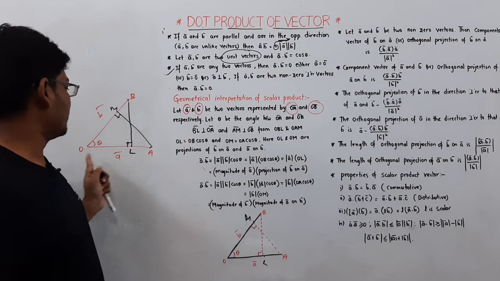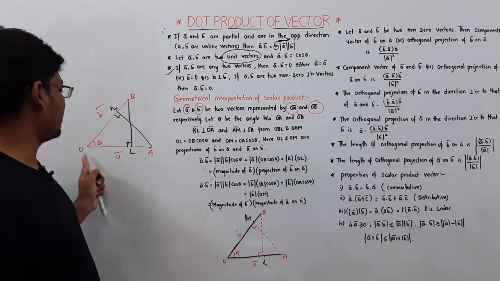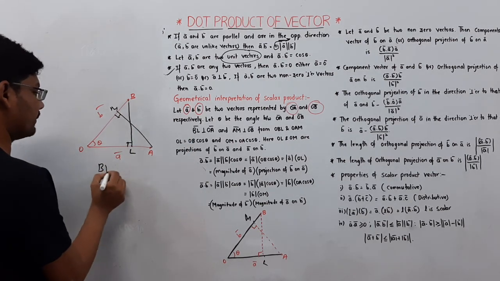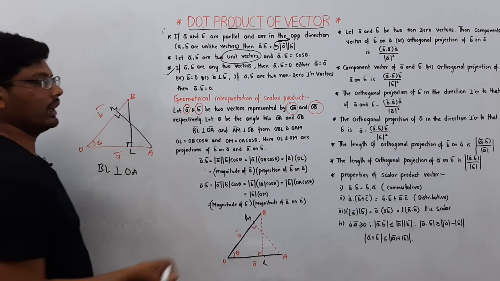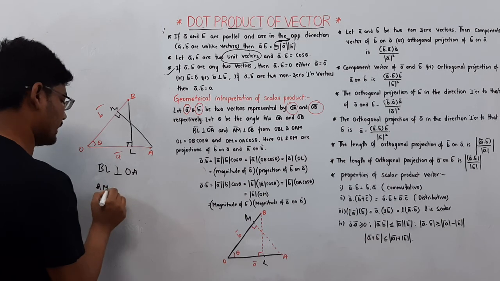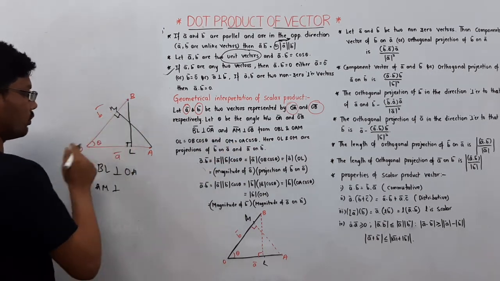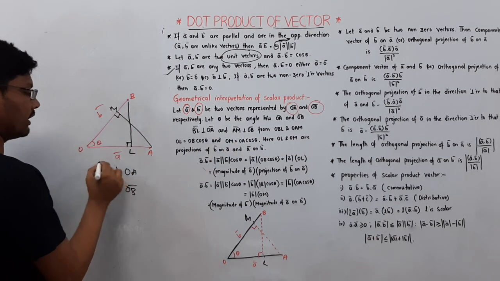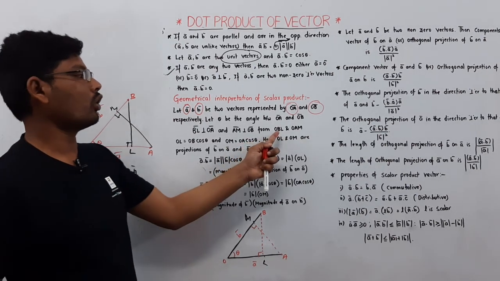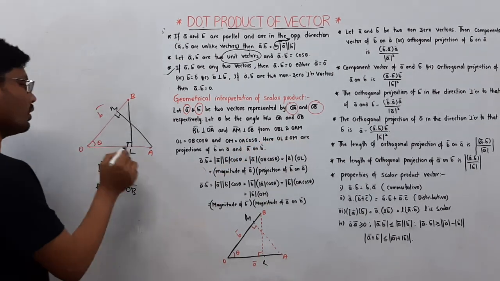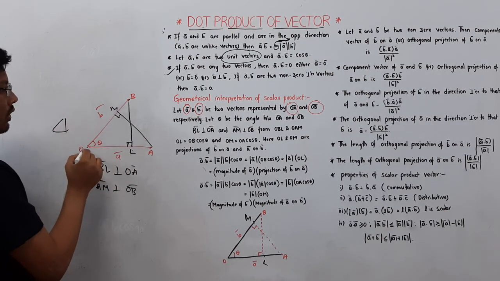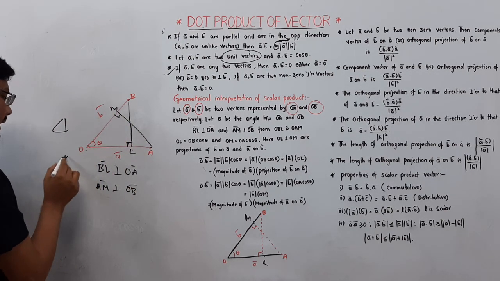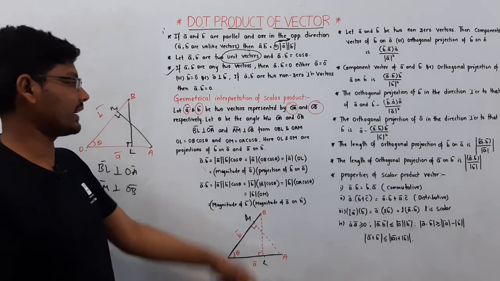Now BL is perpendicular to OA, and AM is perpendicular to OB. So here we have these conditions. OBL is a right angle triangle and OAM is also a right angle triangle. Here we have two right angle triangles.